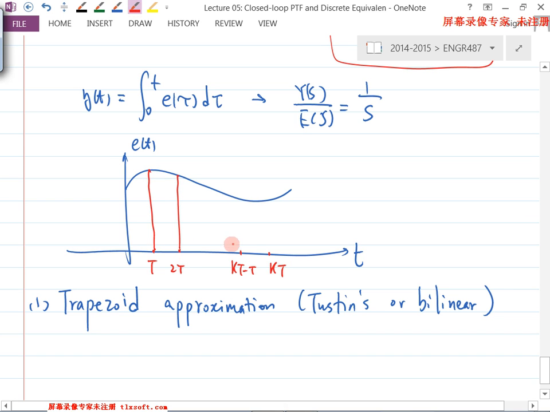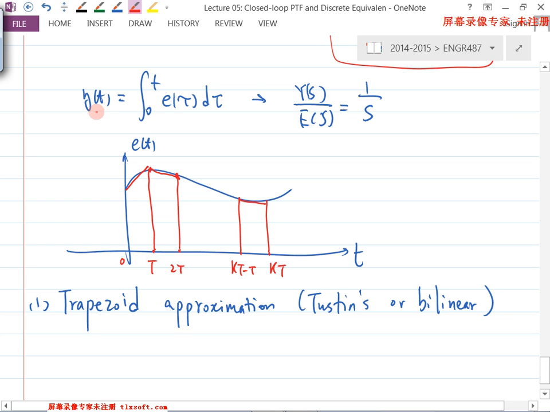Between 0 and T, we can approximate the area using a trapezoid. Between T and 2T, we approximate using this trapezoid. Between here and here, you can use another trapezoid like this. That's called the trapezoid approximation.